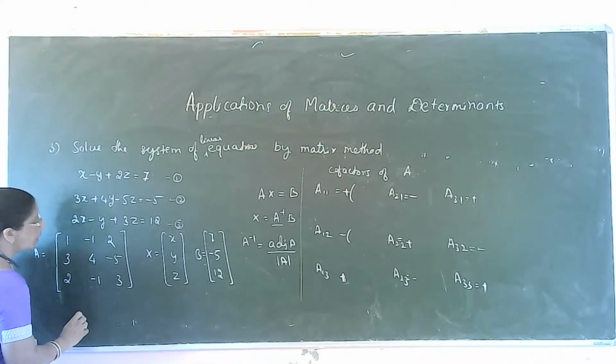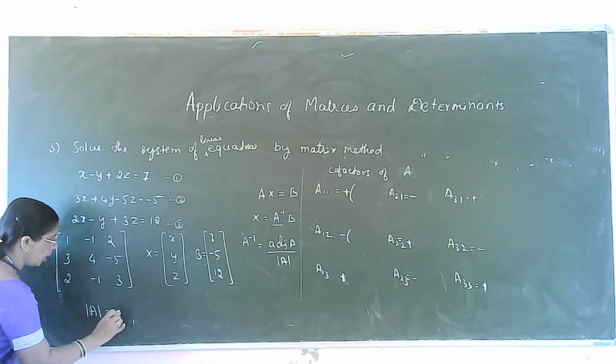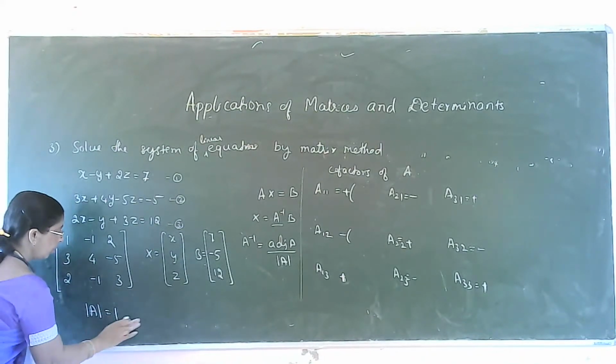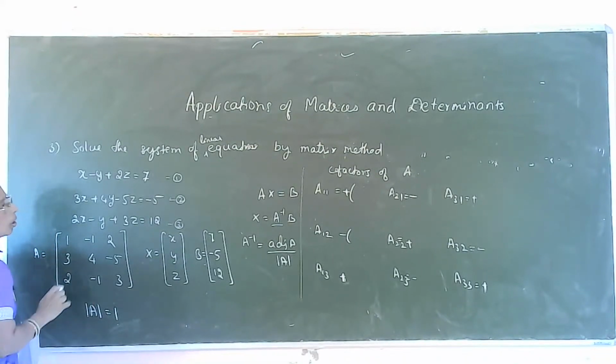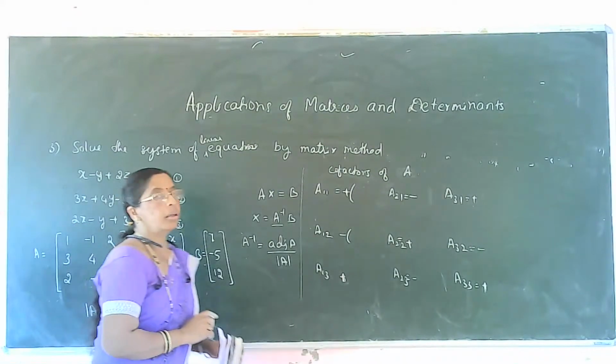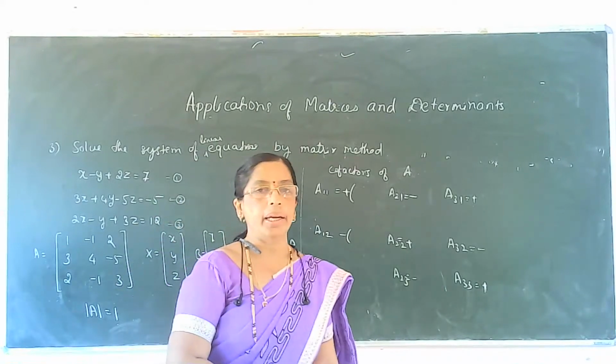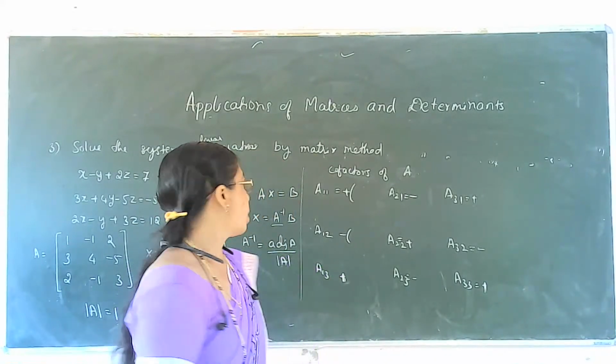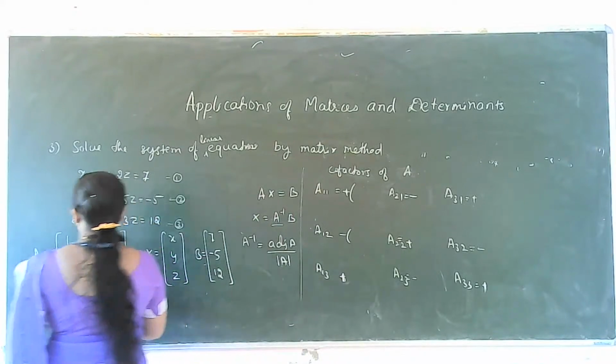First we find the determinant value of A, to see whether A inverse exists or not.